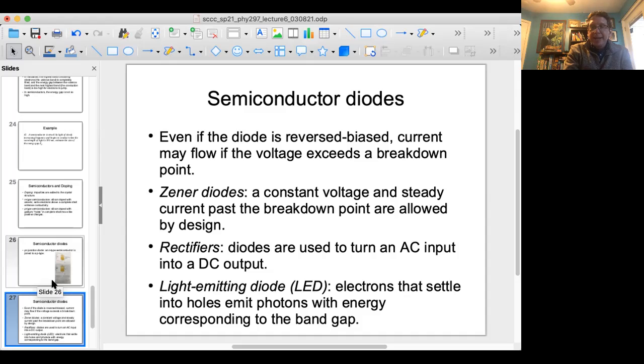In a light emitting diode, electrons settle into holes and emit photons. They settle into the hole and emit energy, light basically, which is what they're designed to do. They emit energy corresponding to the band gap.